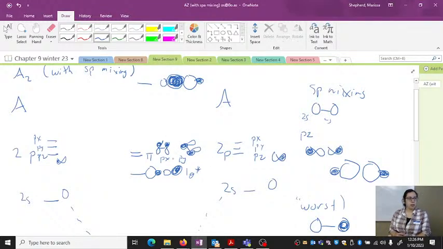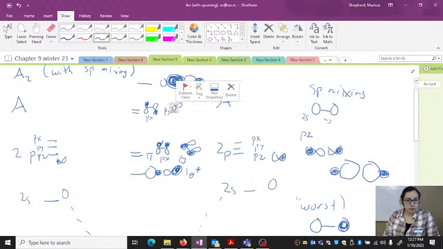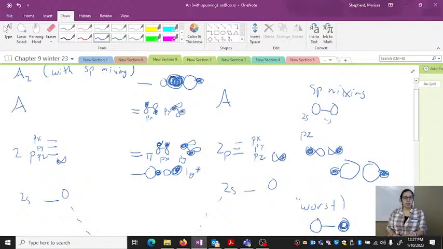Again, that's our favorable interaction. And I'm going to go ahead and write the anti-bonding orbitals before I forget, since I always like to write your bonding and anti-bonding at the same time. You always have to pay that price. Oops, sometimes my pen doesn't like shading.